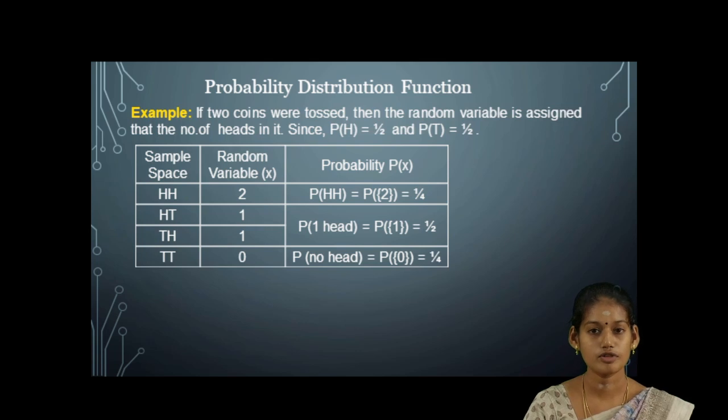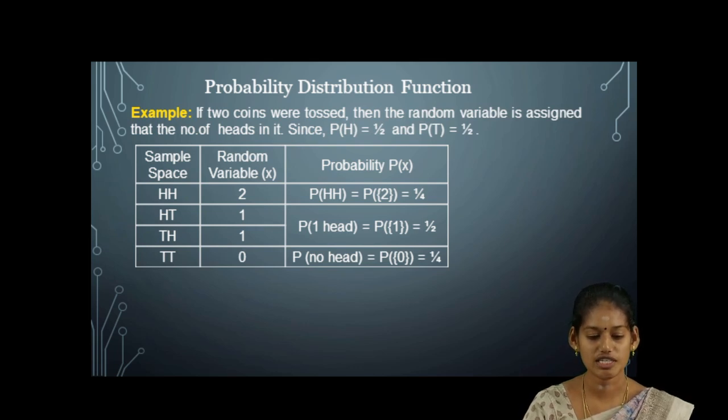Here the total number of outcomes is 4 and the number of favorable outcomes is 1, because 2 coins were tossed and we get 2 heads only one time. So P of 2 will be 1 by 4.